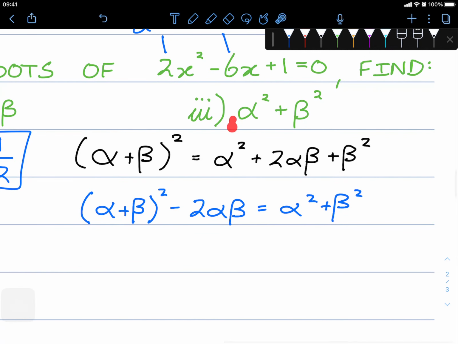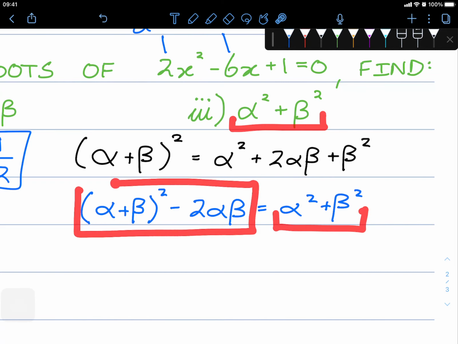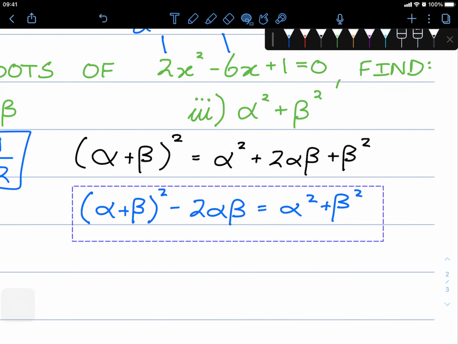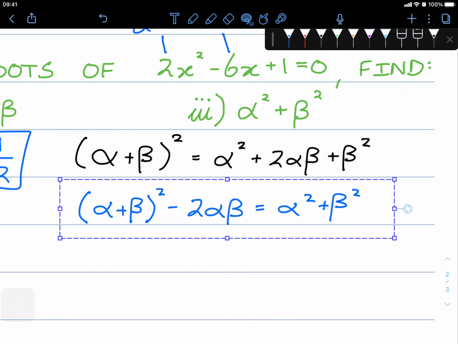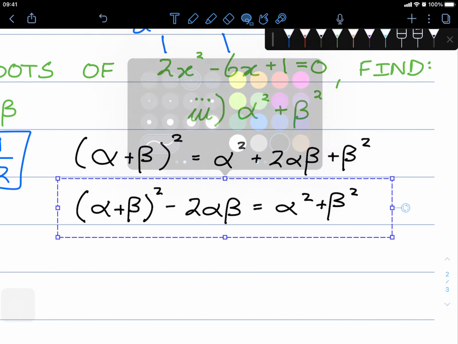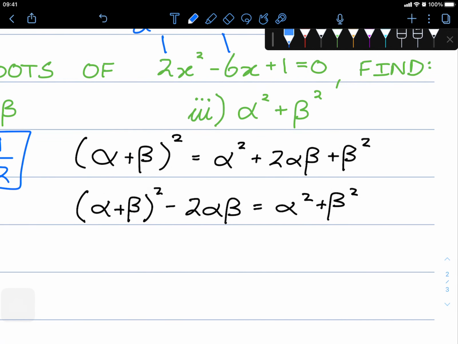And now I have this expression equaling this one. So, whoops, this should have been in black. So this expression is equal to alpha plus beta squared minus 2 alpha beta.